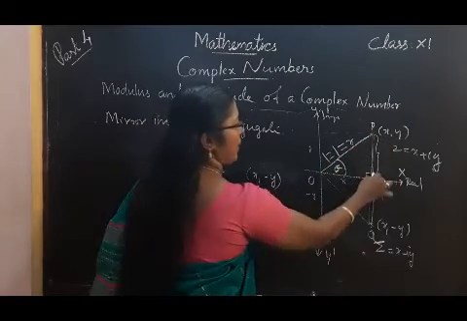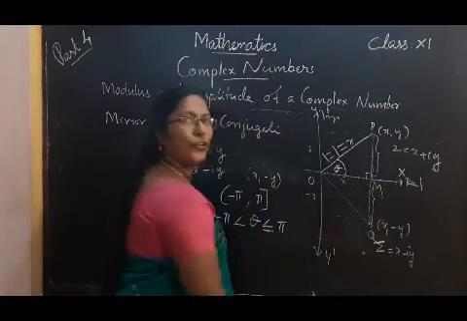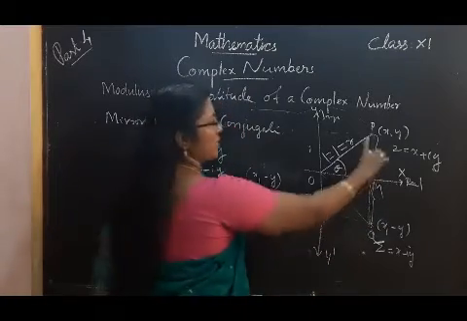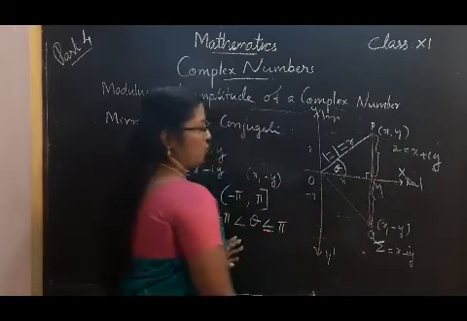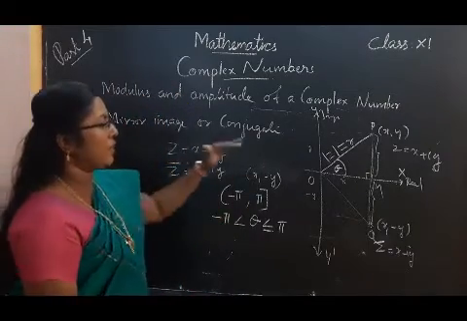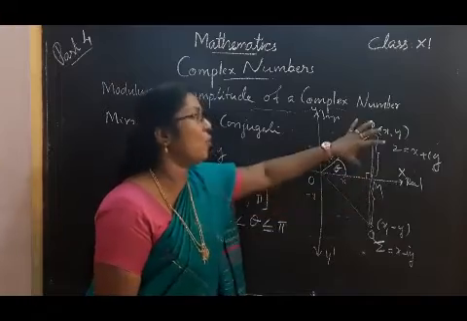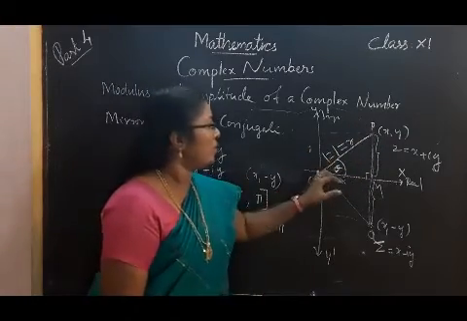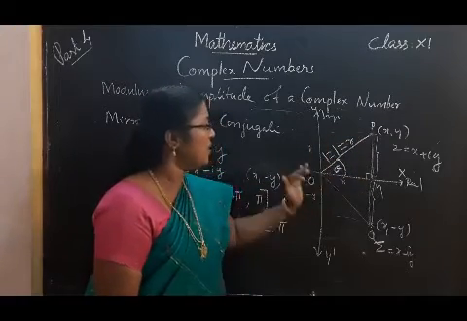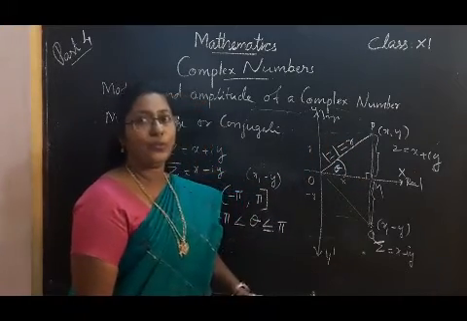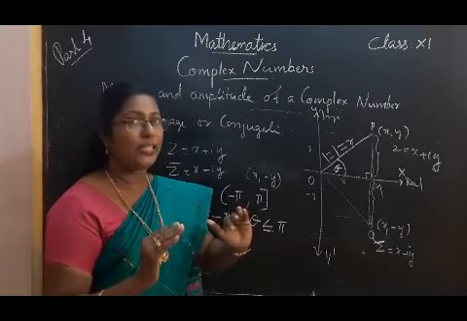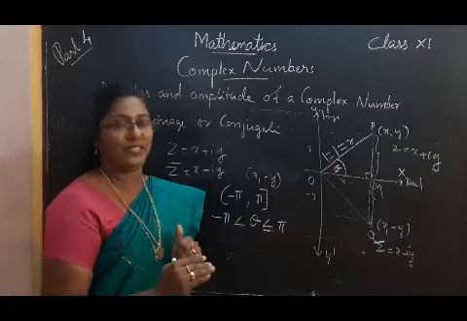We can conclude PM equals QM; they are equal in length, that is, this is y and this is minus y. So this is called the mirror image. The mirror image of OMP is OMQ. The conjugate is the mirror image of the complex number.